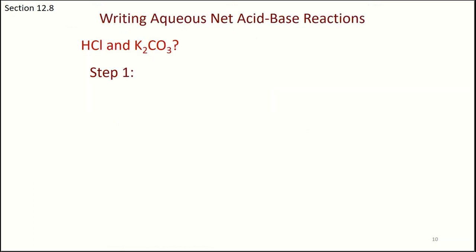Let's go through another example. We have hydrochloric acid and potassium carbonate. Step 1, we will determine the species present in solution. We have hydrochloric acid, which once placed into water will extensively produce hydronium and the chloride ion.